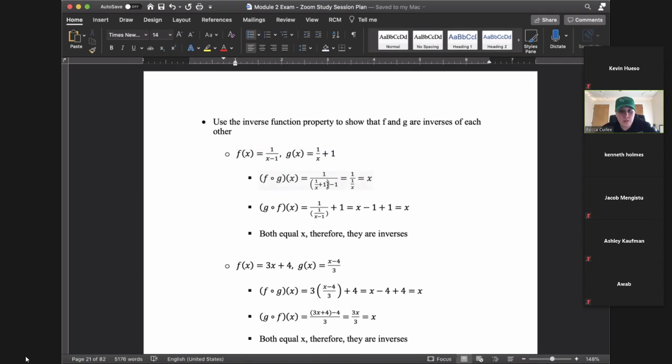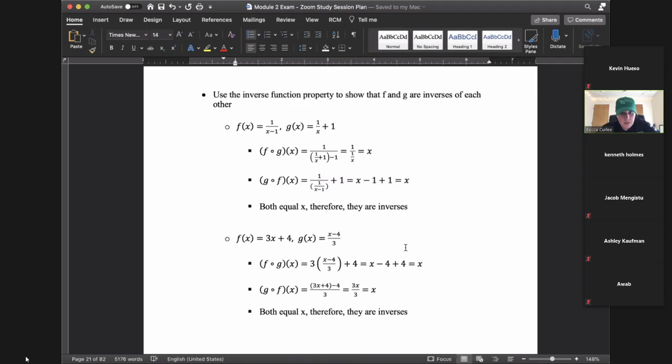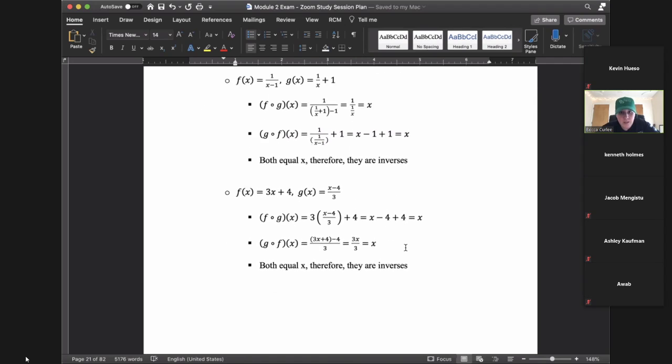So we've got 1 over x plus 1 minus 1, which is the same thing as 1 over 1 over x, which equals x. Then we take g of f of x, replacing that x with everything right here. We have 1 over x minus 1 plus 1, which is the same thing as x minus 1 plus 1, which is x. So both equal x, therefore they are inverses.